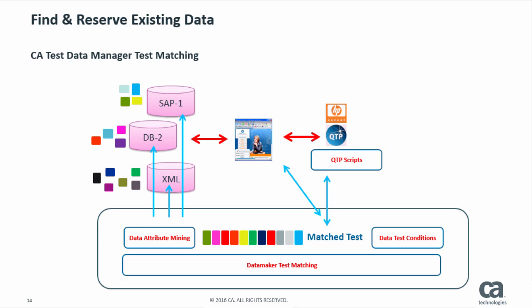So as a part of the overall Test Data Manager process, we also have a test matching capability. So with all this good set of data that you've now generated, you can distribute, share, find and reserve that content amongst all of the testing that you're going to perform.